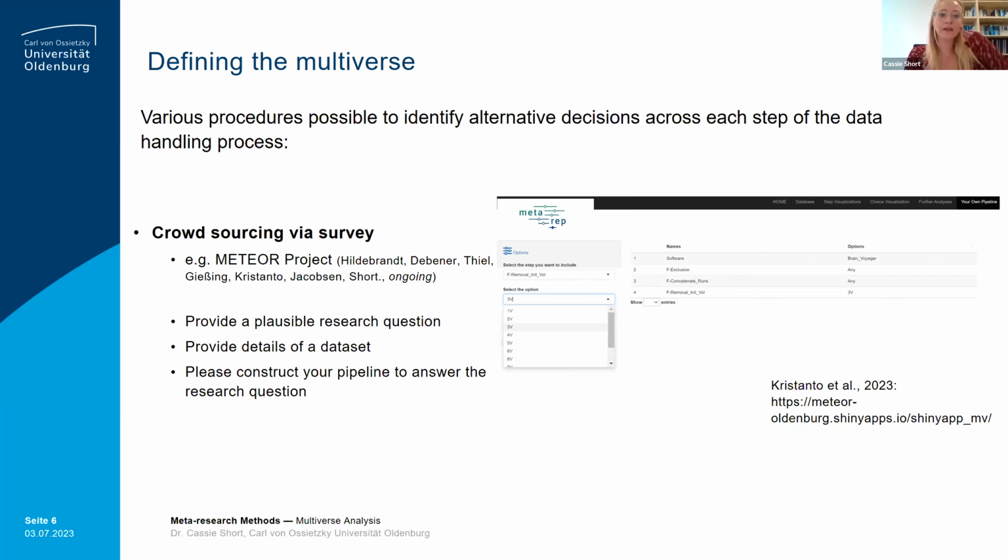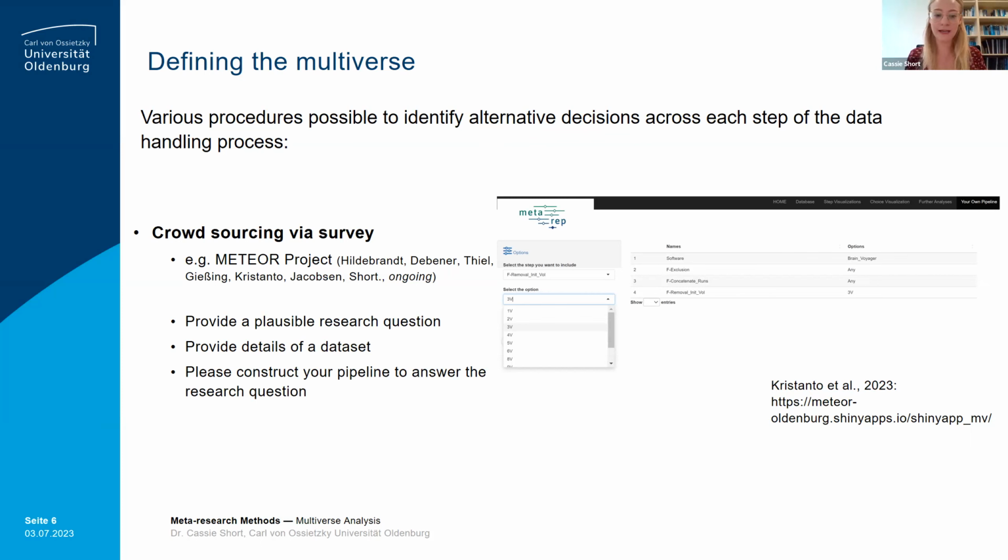They conducted a literature review to identify all the different ways that experts in the field have analyzed their data and pre-processed their data, and then they provide these as a drop-down list to experts and say, okay, here is a plausible research question, and this is the data set that you would hypothetically have. Please, using this drop-down list, construct your own pipeline to answer the research question.